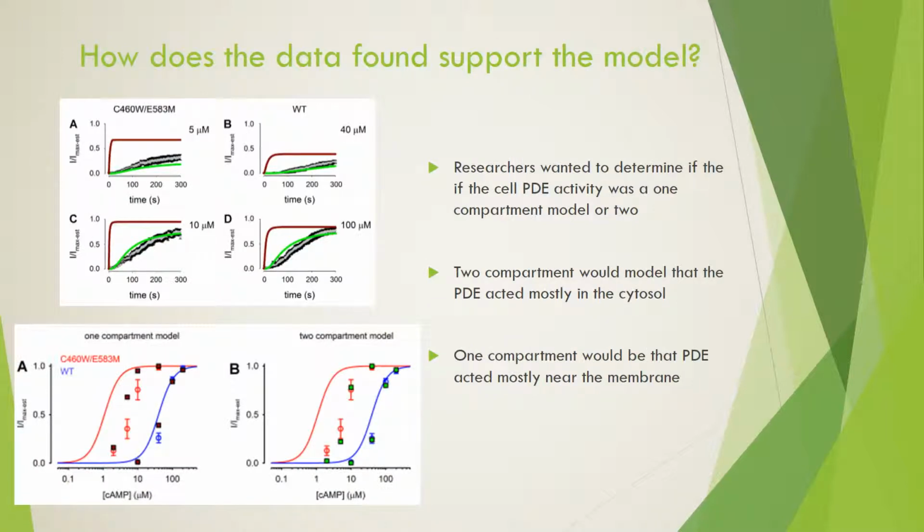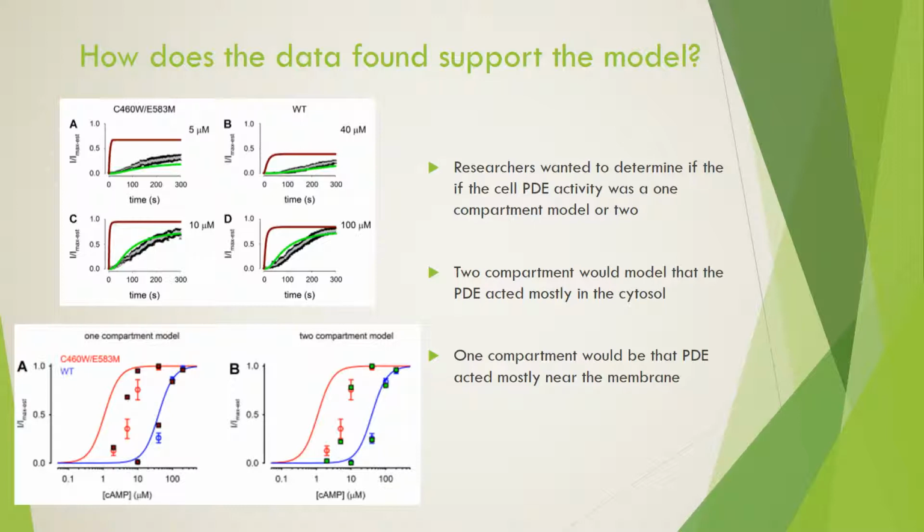So, how does the data found support the model? The green line and the brown line in this first set of graphs. The brown line is what it would be if it was a one compartment model as determined by the mathematical model, and the green line is what it would be if it was two compartments.